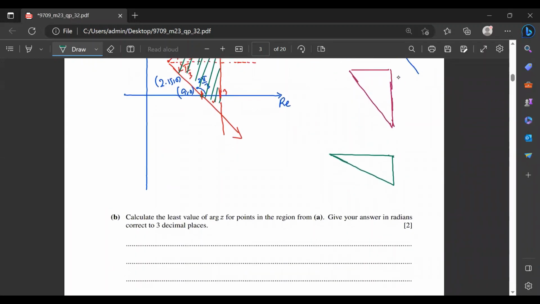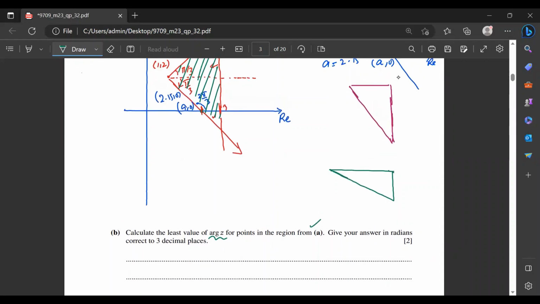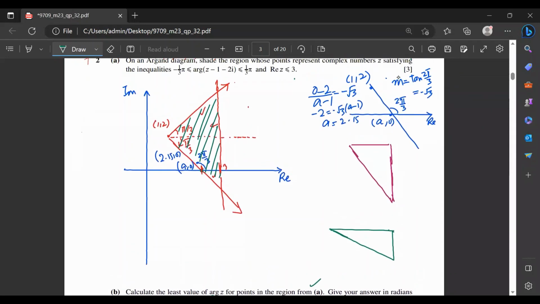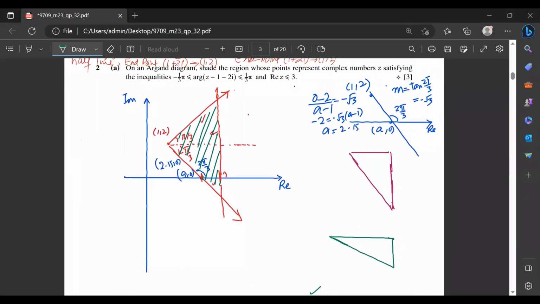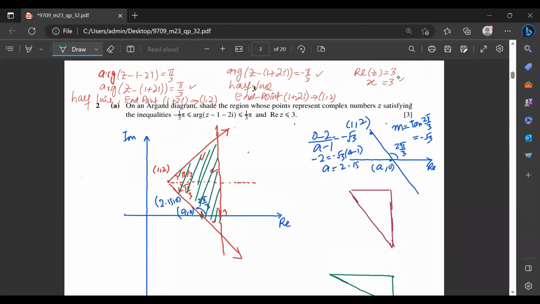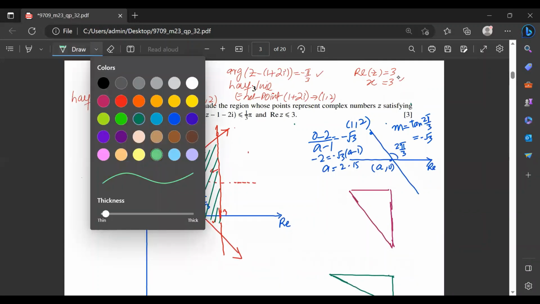The second part is: calculate the least value of the argument of z for the points in the region from part A. You will answer to 3 decimal places. So in this region, you have to identify a point whose argument is least. There are many positions here.